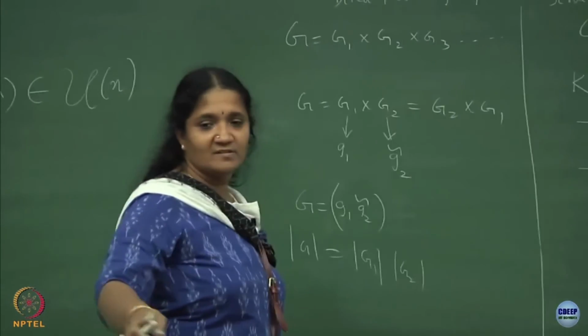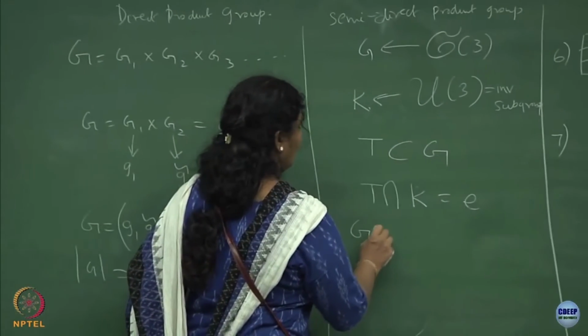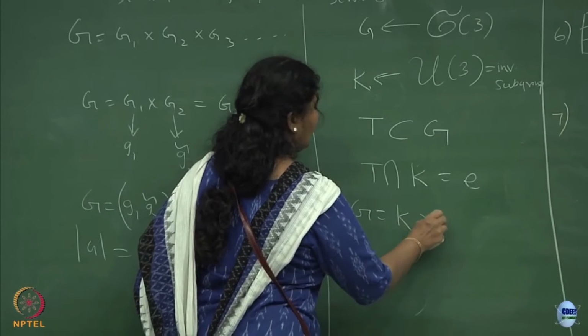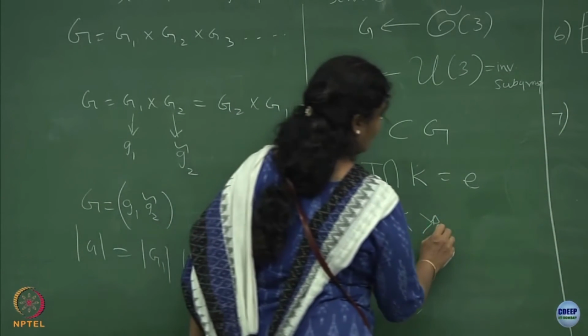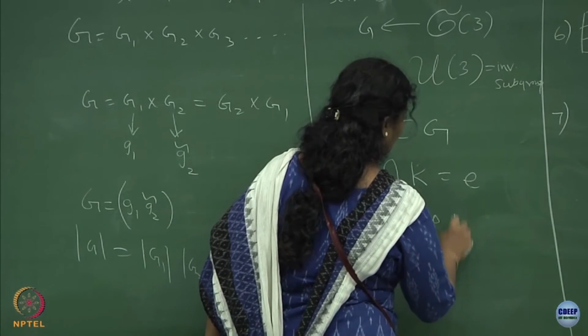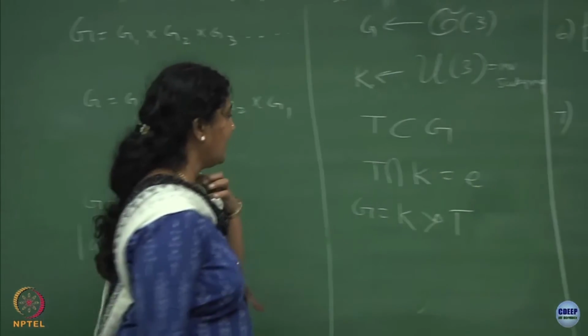I have shown this as a symbol on the screen. So, the group G will be K semi-direct product T. So, this is the way we write the semi-direct product.